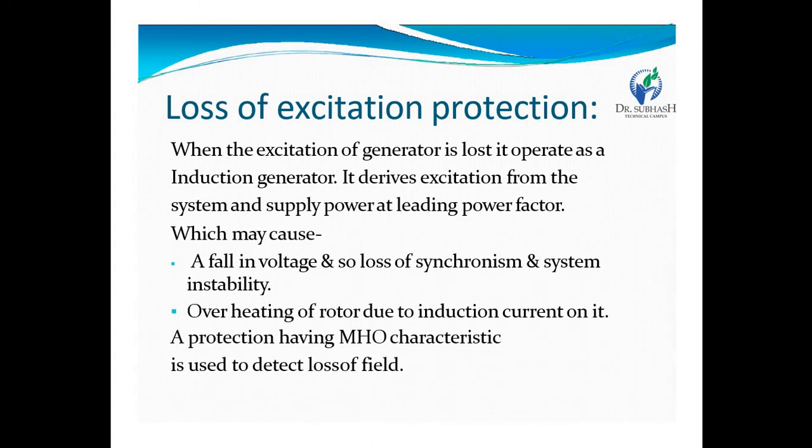Now this may cause a fall of voltage and loss of synchronism, where the system goes unstable, and overheating of the rotor due to induced current in it. A protection having more characteristics is used to detect the loss of field.